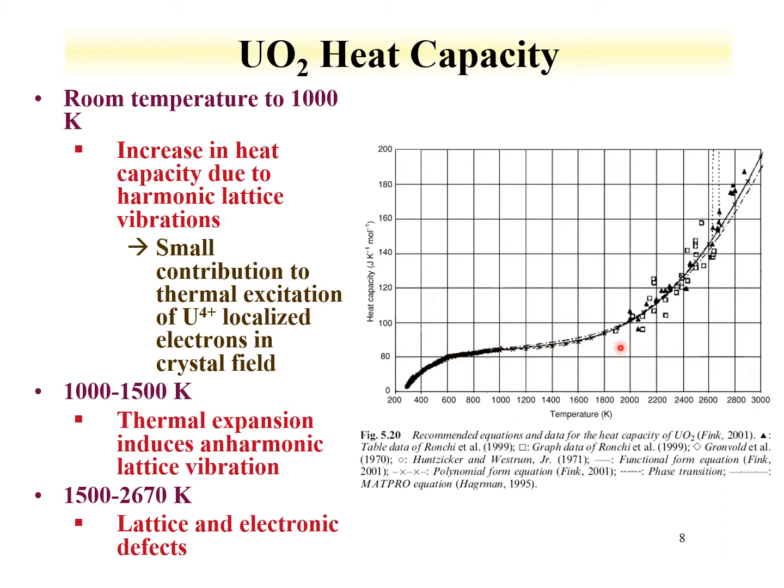Above 1,000 degrees to about 1,500 degrees, right about here, we start to introduce anharmonic lattice vibrations. So this is a very simple lattice, and this is anharmonic, so this is changing the system. We see a slight change in the behavior of the increase of heat capacity. And then above 1,500 K, we start to introduce defects, and we see a very, very large increase in heat capacity at high temperatures.